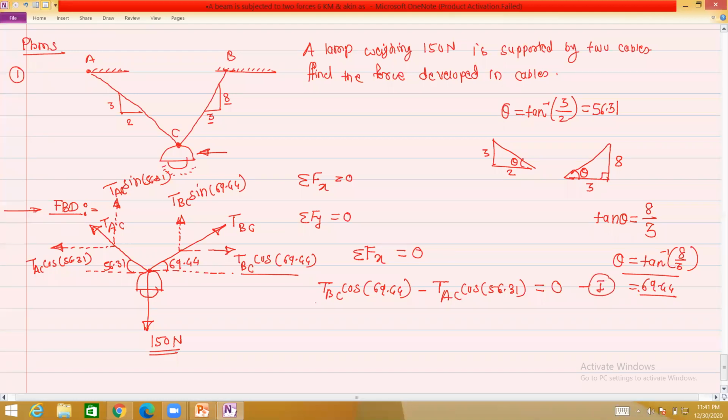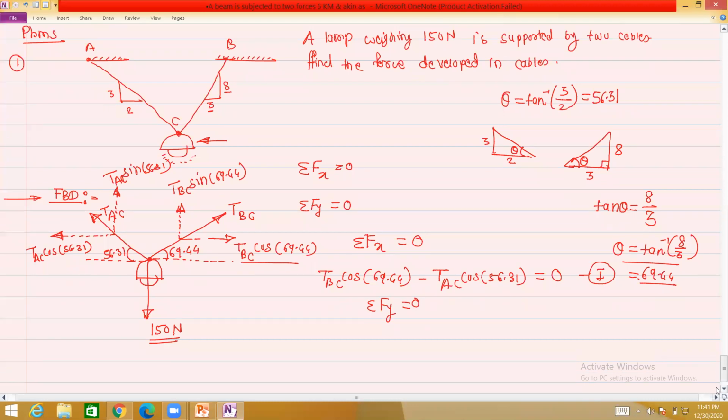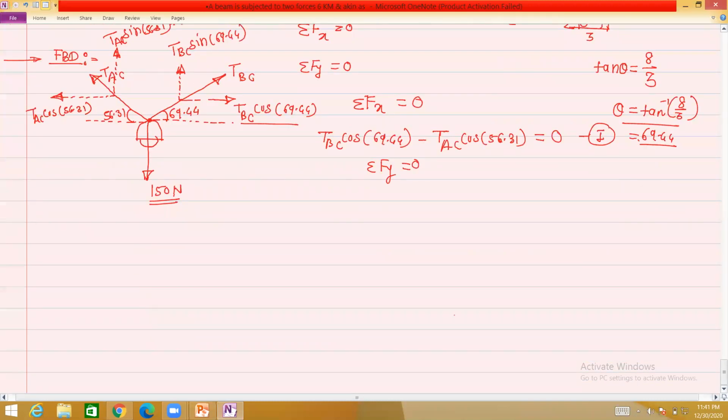Now write the equation for summation Fy. For the summation Fy, first is tension BC sine 69.44, and it is acting in the positive y direction, so it is plus. Second is tension AC sine 56.31, so again it is positive.